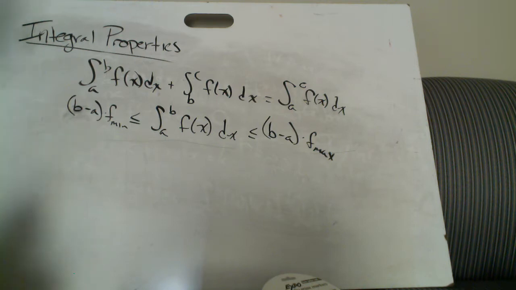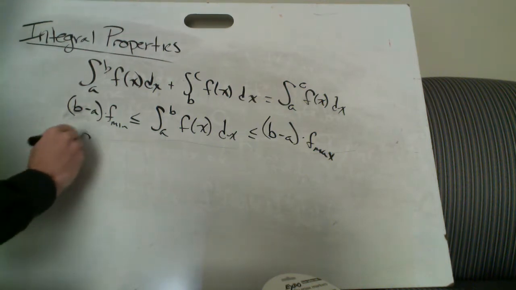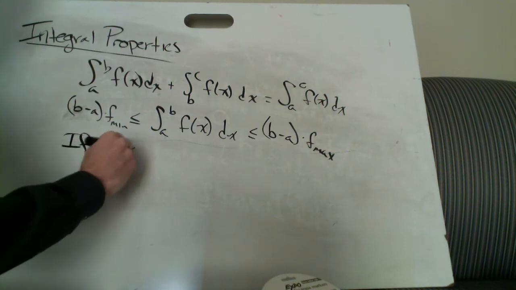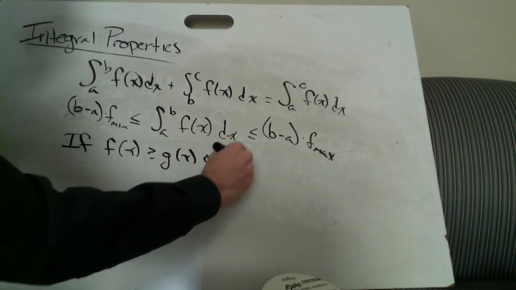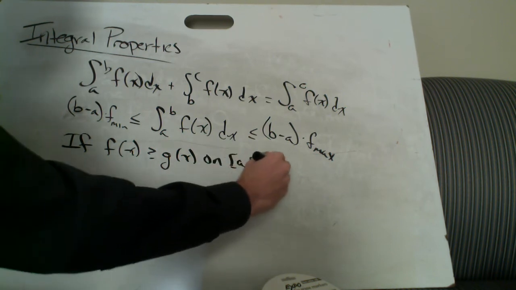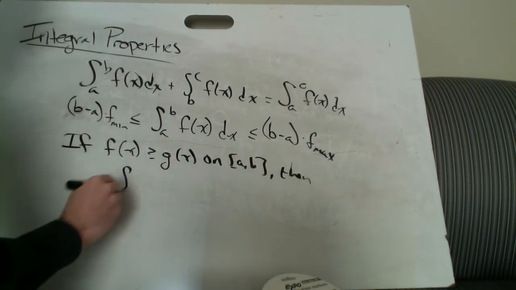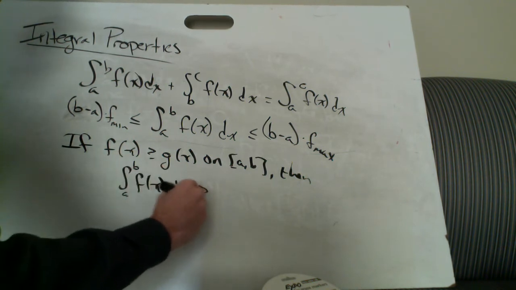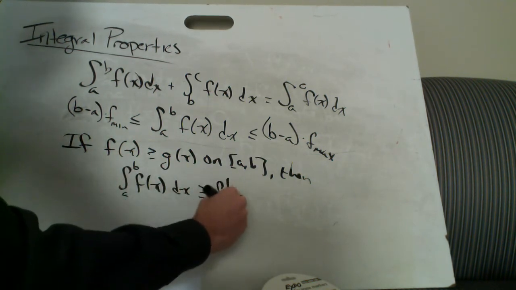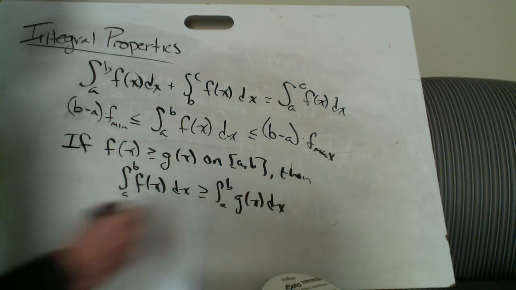And last but not least, if f of x is greater than or equal to g of x on all of [a, b], then the integral of f of x on [a, b] is greater than or equal to the integral from a to b of g.